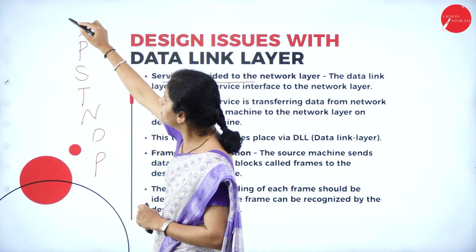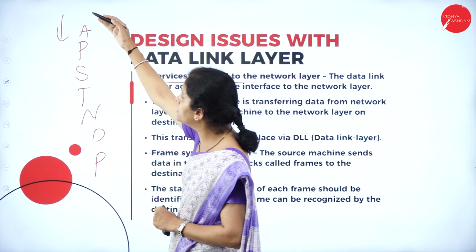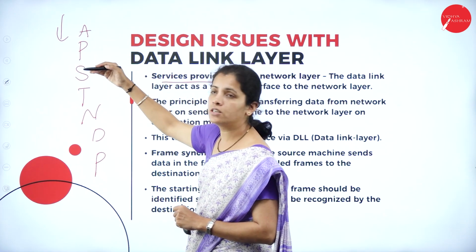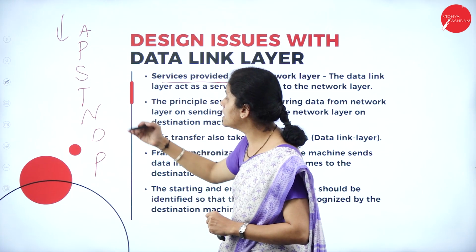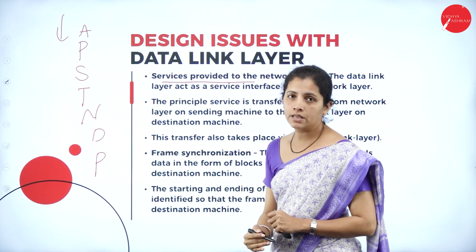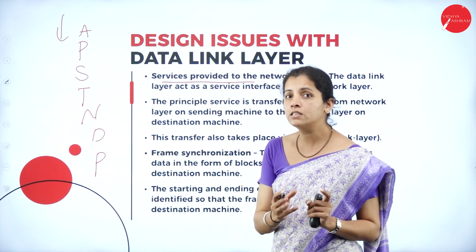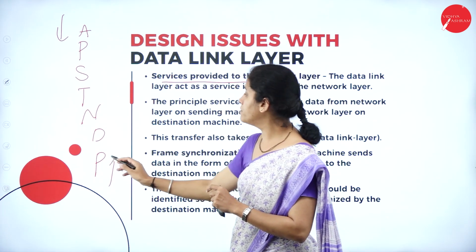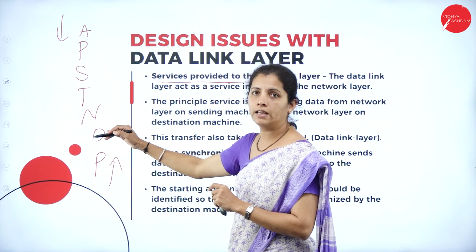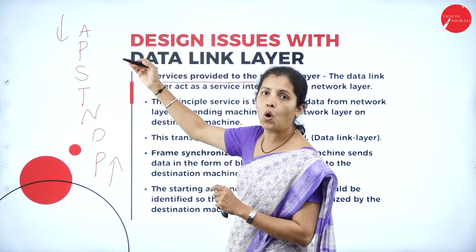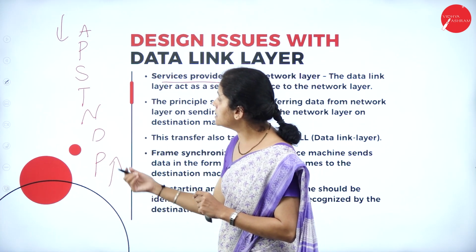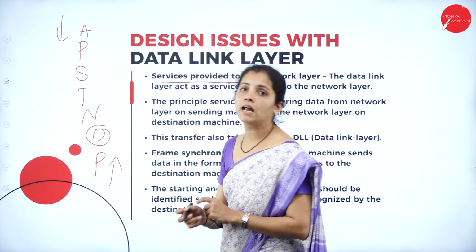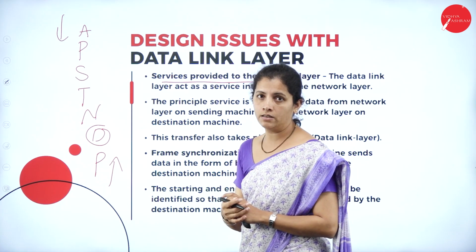On the sender side, I'm going to start from the application layer, then presentation, session, transportation, network, data link layer, and physical layer. On the receiver side, I'm going to start from the bottom, so I have the physical layer, then the data link layer, network layer, and so on. Now, the data link layer comes between the network layer as well as the physical layer.